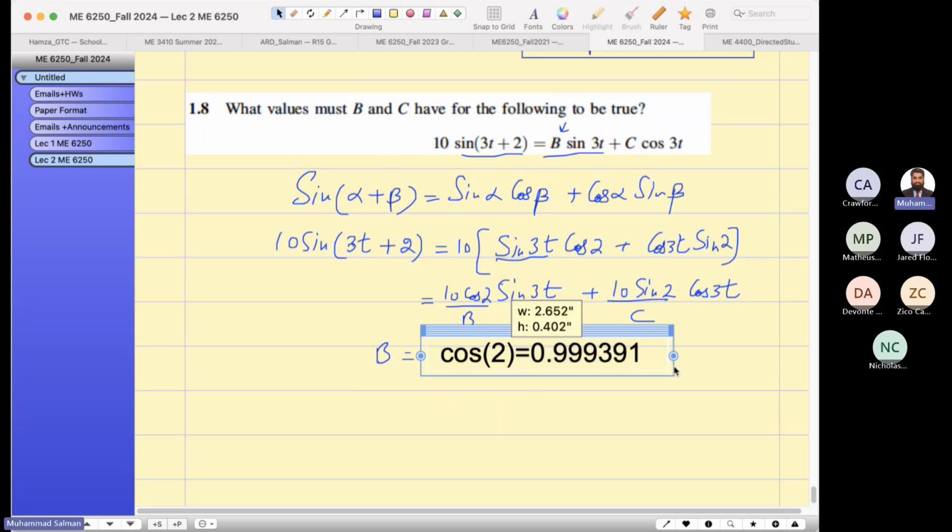Is it true? I think my calculator is not reading it.